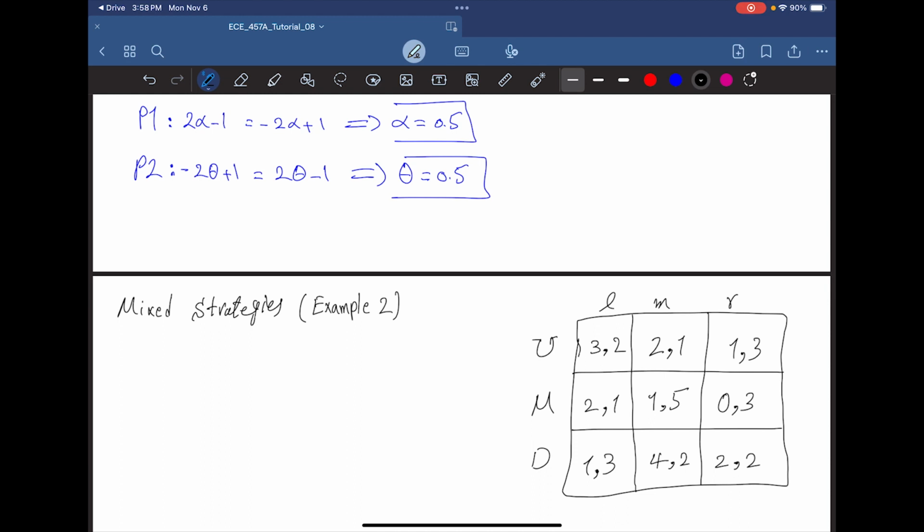All right. So, because this is a 3x3 matrix, we need to get rid of as many strategies as we can, because this way it is somehow impossible to use mixed strategies to solve for this example.